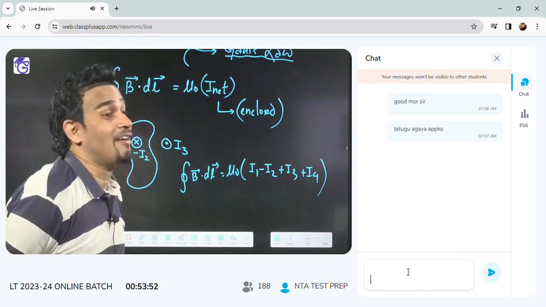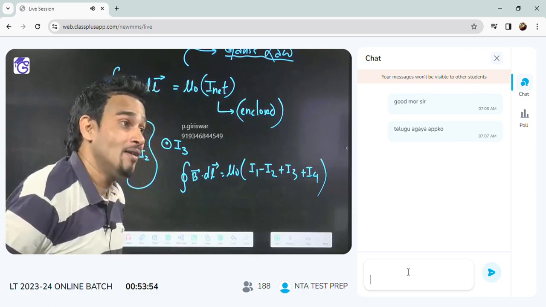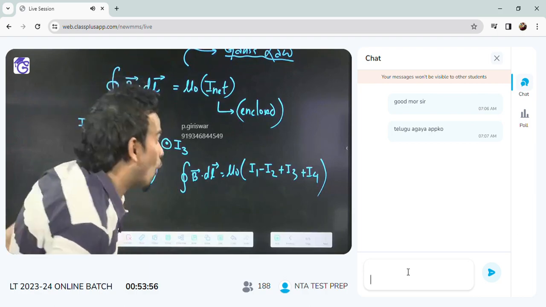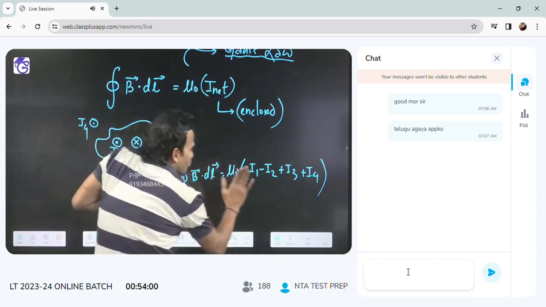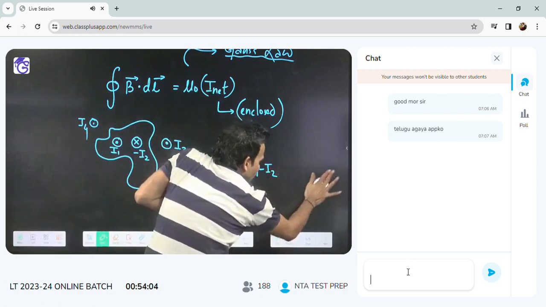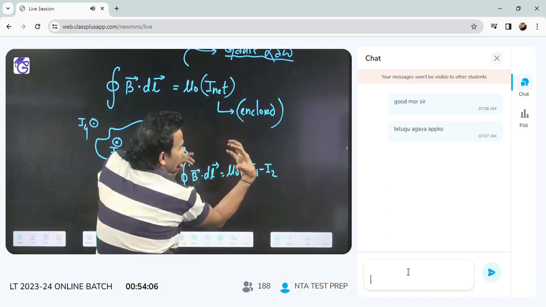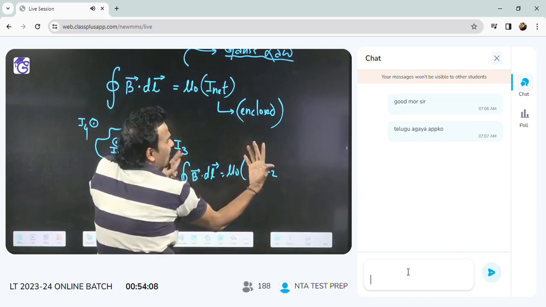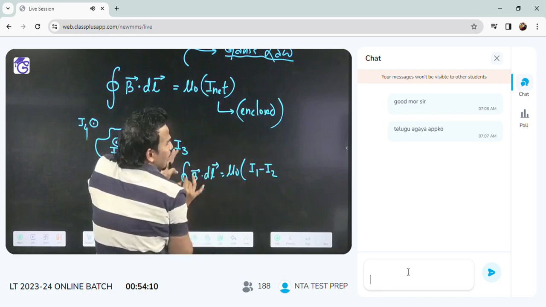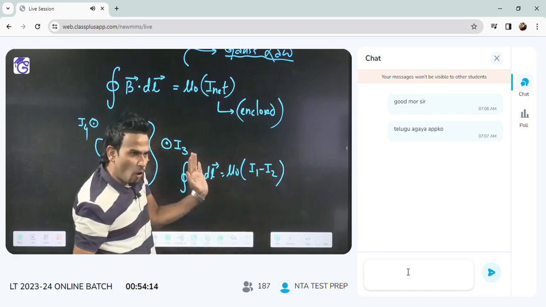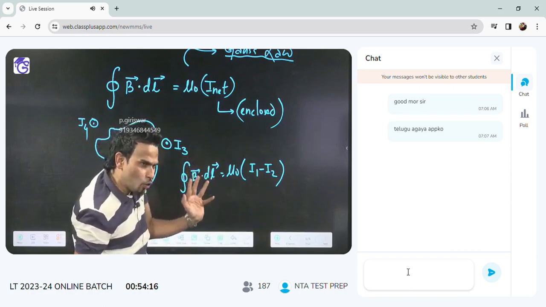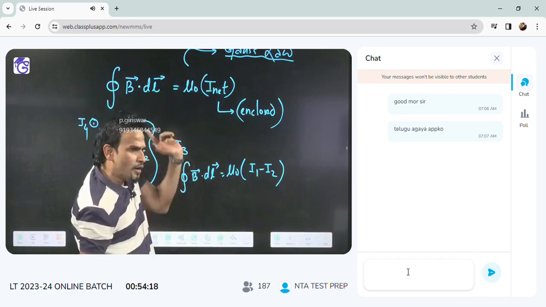There is a mistake. Only the current inside the loop counts, that is the meaning of enclosed. Enclosed means this I3 and I4 will not come. You are writing enclosed, so we have to see only the current present in the loop. Outside current we will not take. We take only the current present in the loop, same as your Gauss law.